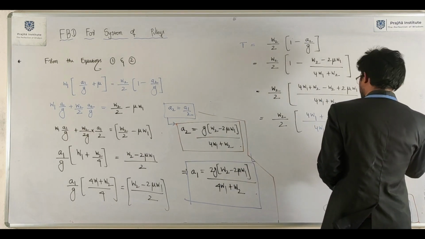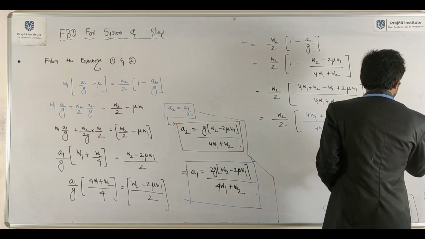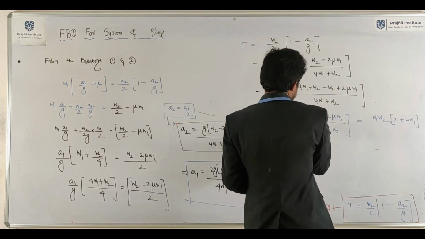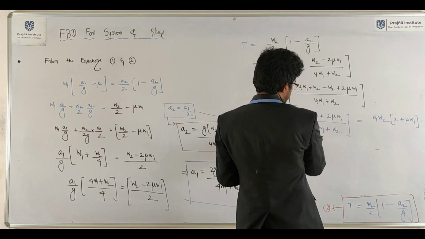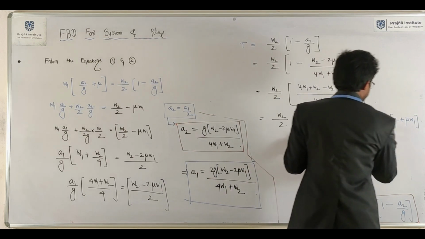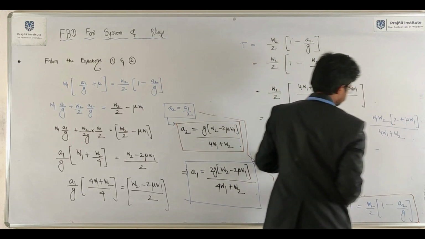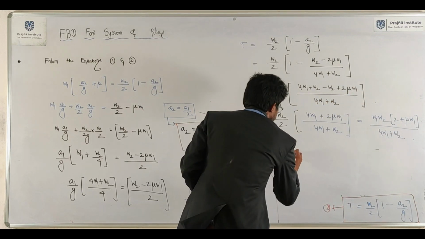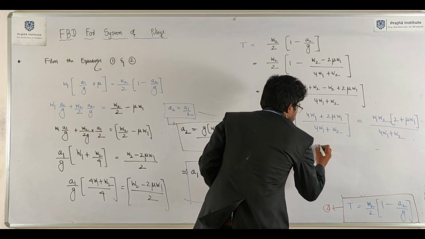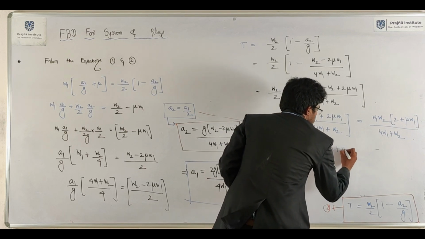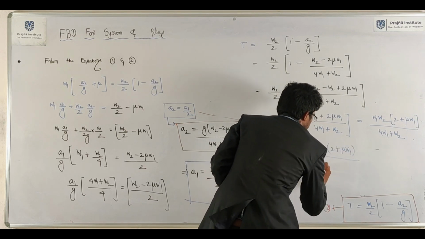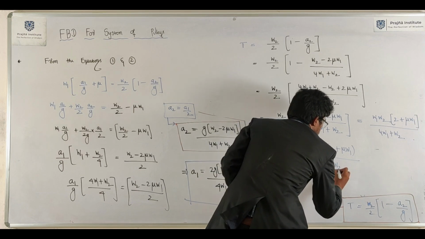So we are left with 2 plus mu, W1 taken common, by 4 W1 plus W2. So finally tension T equal to W1 W2 into 2 plus mu by 4 W1 plus W2.